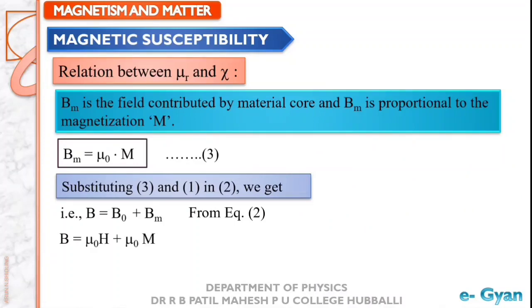B is equal to mu naught H plus mu naught M. We see that mu naught is common in both terms, so we take mu naught common and retain H plus M inside the bracket. Taking this as equation 4, let us proceed.